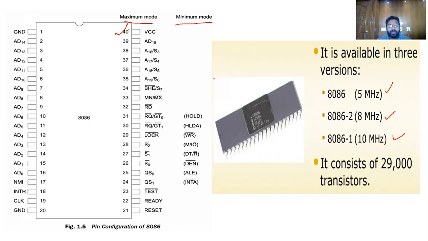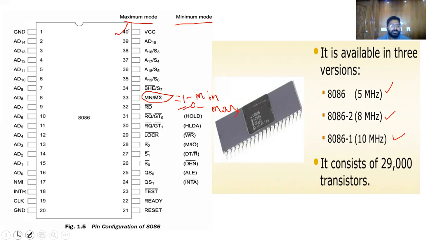Only one pin is available to change from one mode to the other. If it is equal to 1, it will work in minimum mode; if it is equal to 0, in maximum mode.